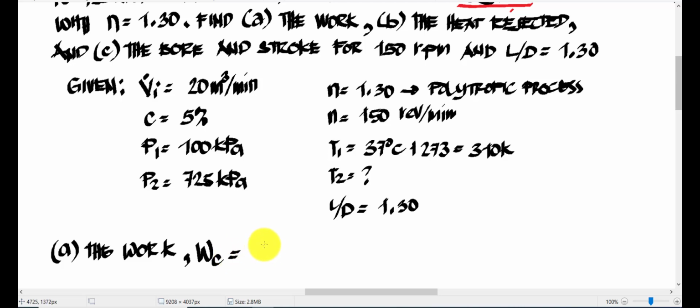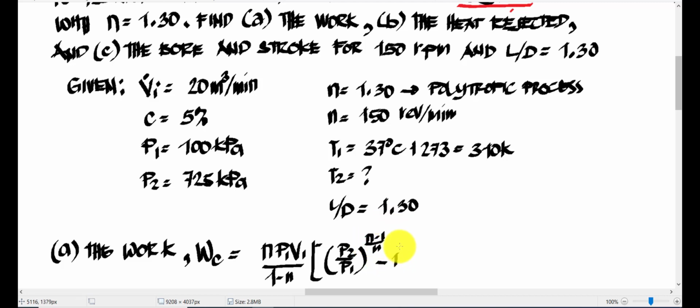That will be equal to n, P1 V1 over 1 minus n, multiplied by the pressure ratio P2 over P1 to the exponent of n minus 1 over n, minus 1.